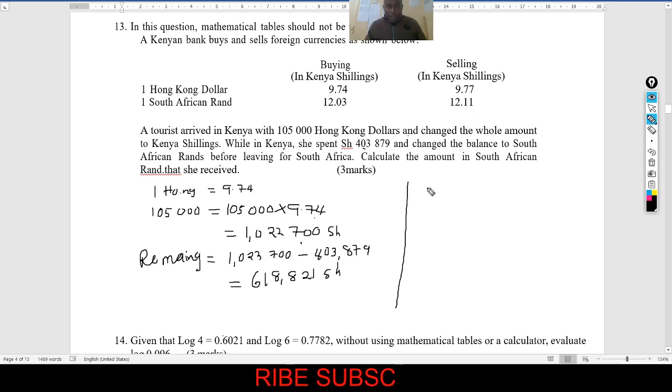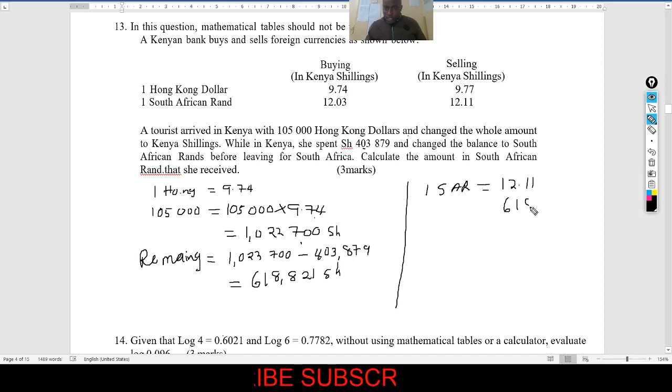So we ask ourselves, if one South African rand is 12.11 shillings, what about 618,821?